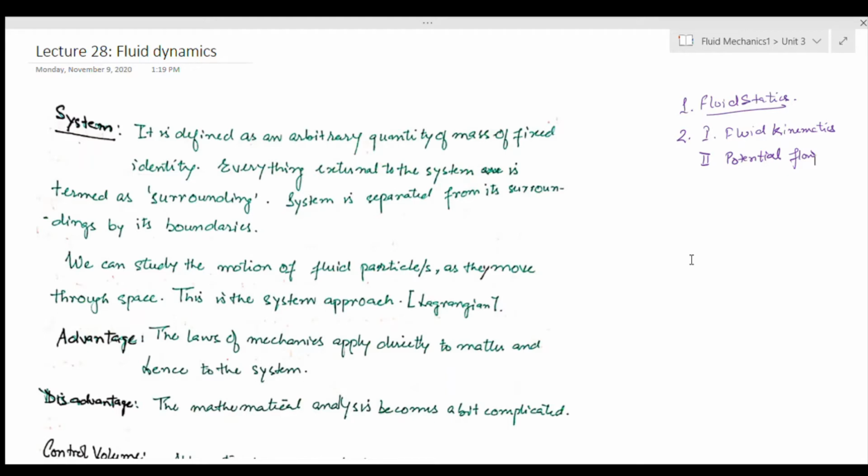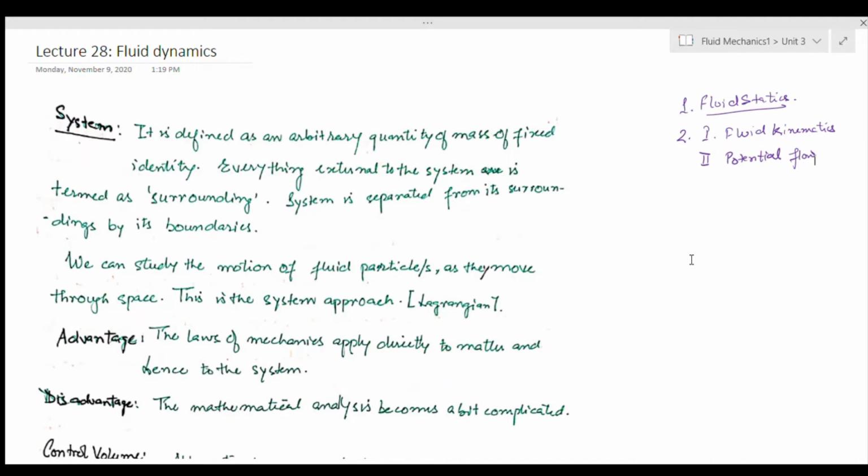Also, just to revise, the first thing in unit 1 we covered was overall acceleration, and we called it material acceleration. Capital D of velocity divided by capital Dt, and it came out to be consisting of two components.